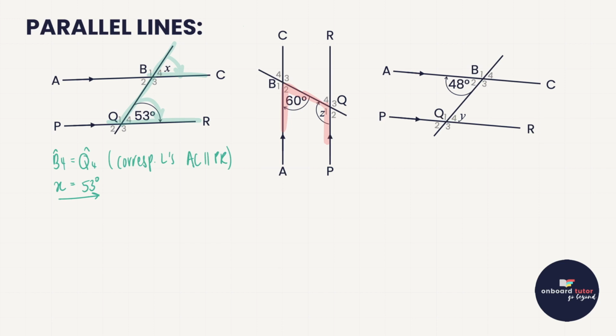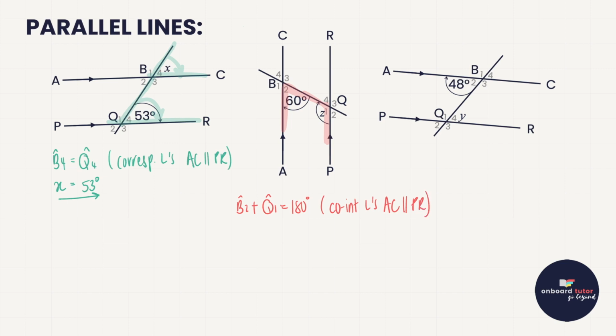So let's say angle B2 plus angle Q1 is equal to 180 degrees. And the reason, co-interior angles and the parallel lines, AC parallel to PR.